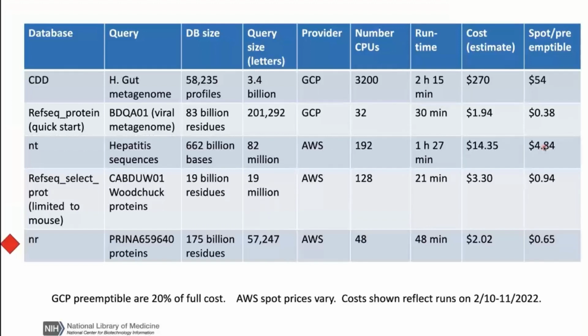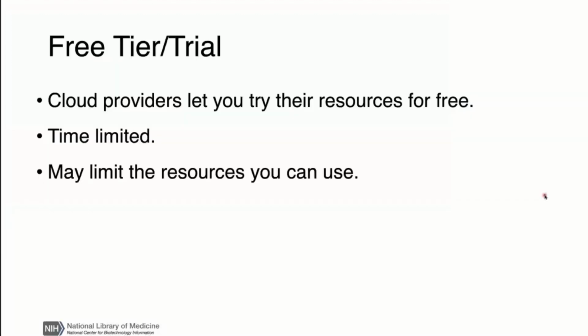AWS gives you a web page to do that, and I have a link to that later on at the end of this webinar. And so the spot instance costs were from last week, Thursday and Friday.